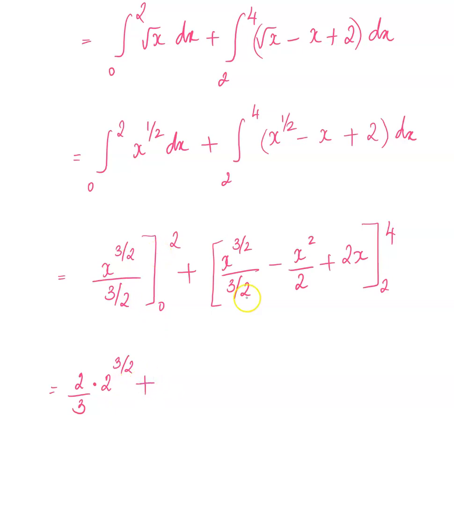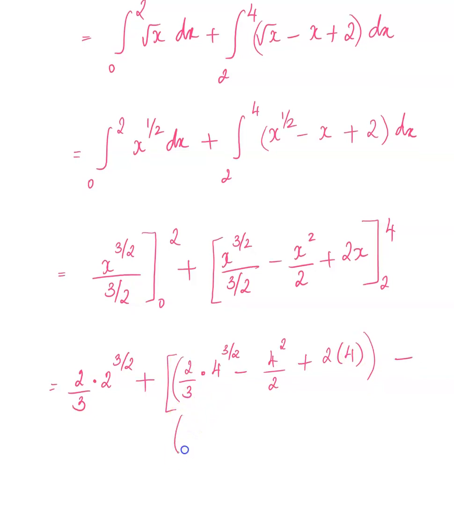Plus, here you have 2 over 3 times 4 power 3 over 2 minus 4 squared over 2 plus 2 times 4, right, all this, minus 2 over 3 times 2 power 3 over 2, minus 2 squared over 2 plus 2 times 2. Close the bracket.